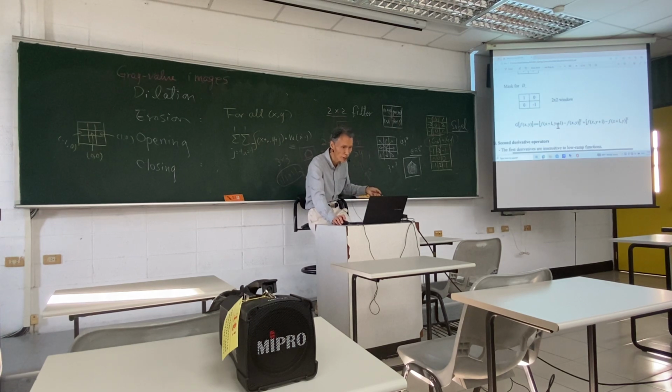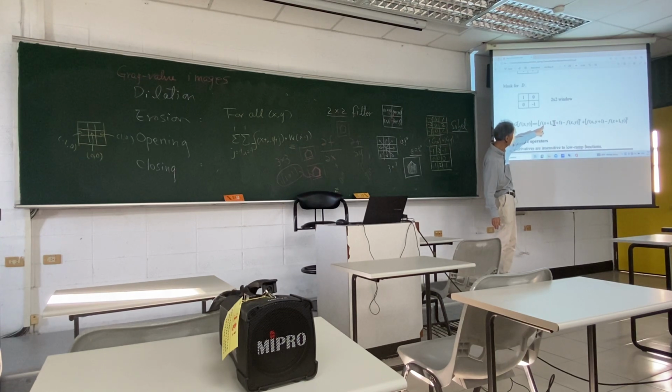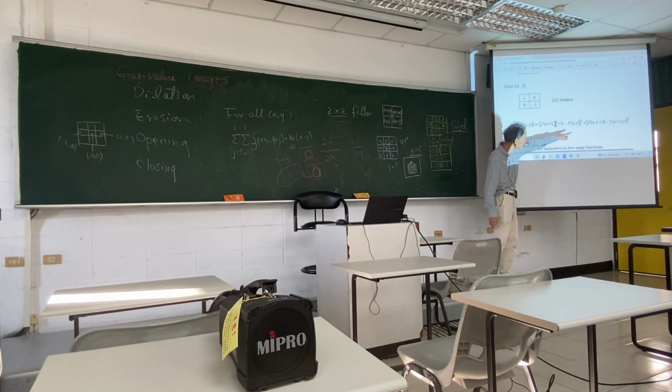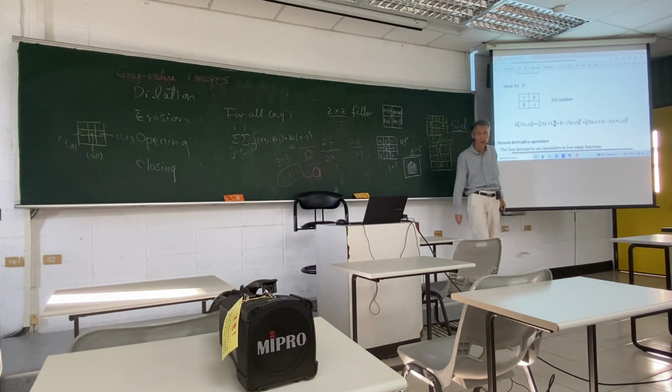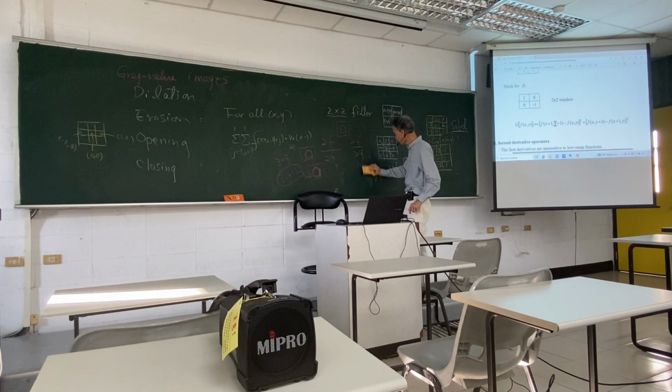But at the end, it still needs to take the absolute value in the 45 derivative and 135 derivative. You need to take D plus and take the square or take the absolute value, and D minus, and that's it.